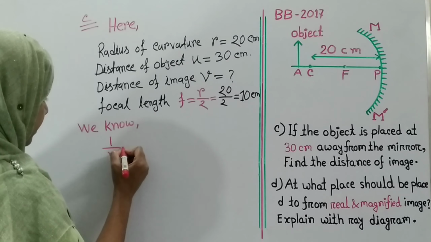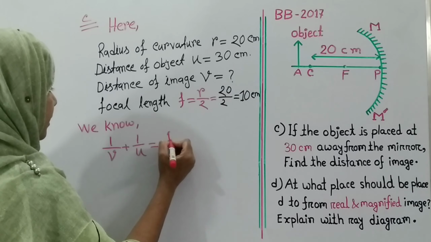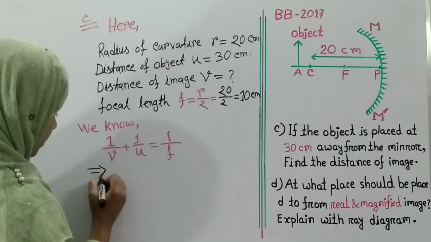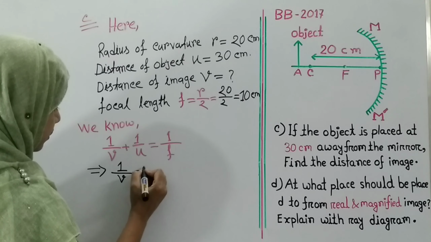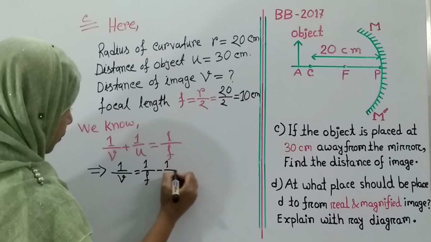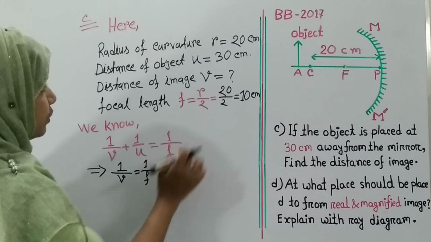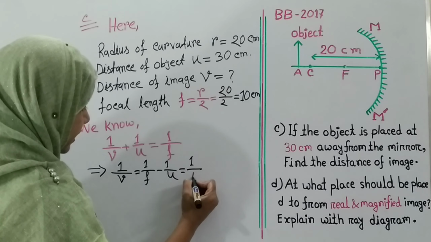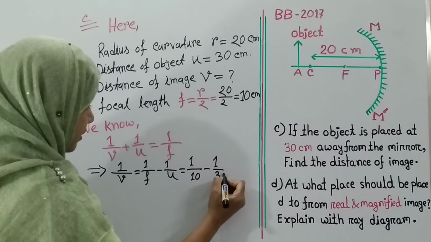Now we know that 1 by V plus 1 by U equals 1 by F. That means 1 divided by V equals 1 by F minus 1 by U, and here the value of F is 10 centimeter and U is 30 centimeter. That means 1 divided by 10 minus 1 by 30.